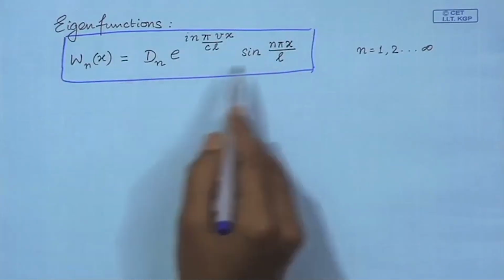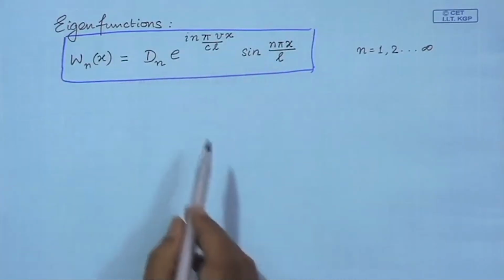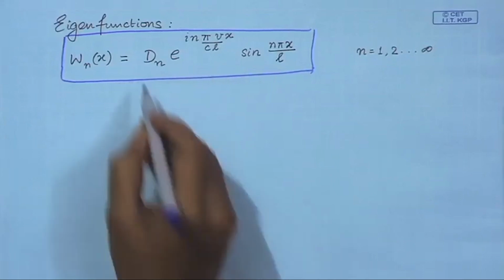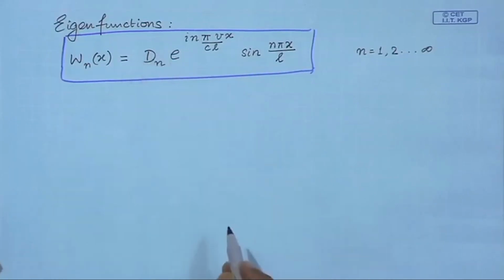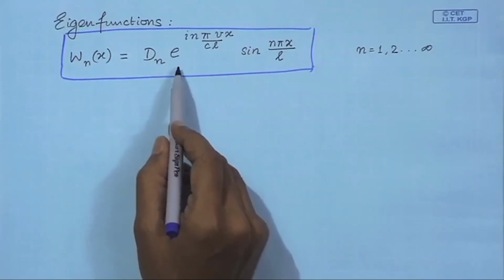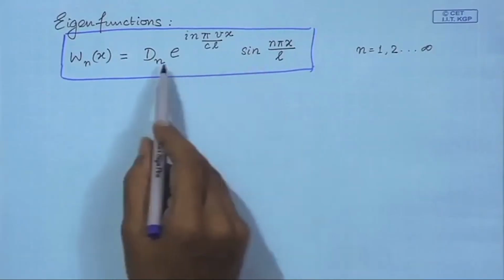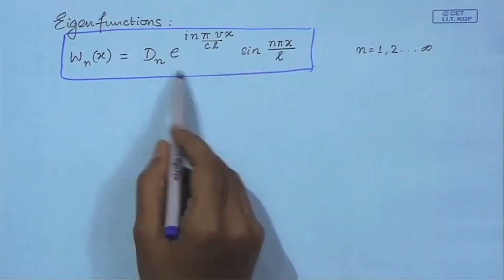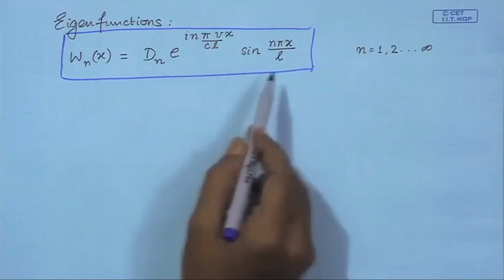Now, you can immediately see that this is complex. Here d is an arbitrary constant which can be used to normalize the eigenfunctions. So, you see that these eigenfunctions are all complex.